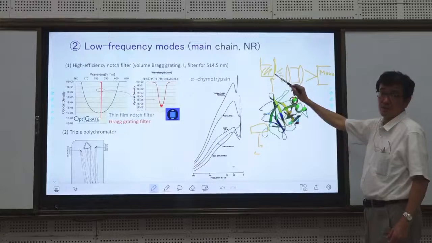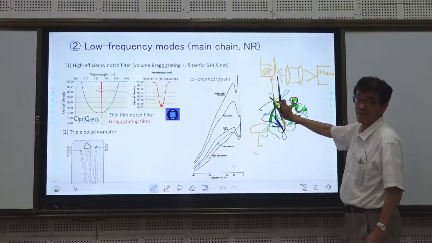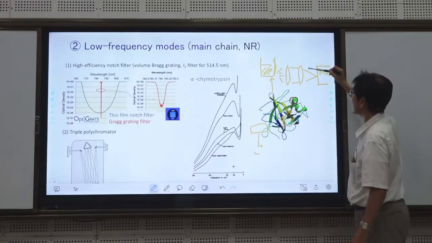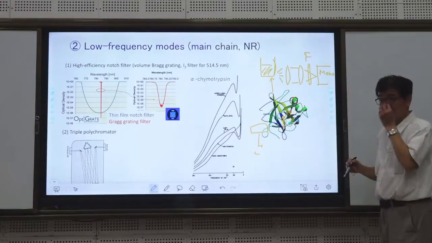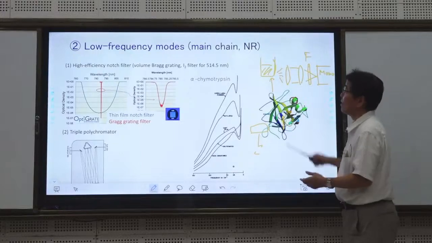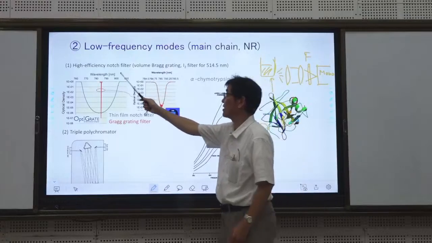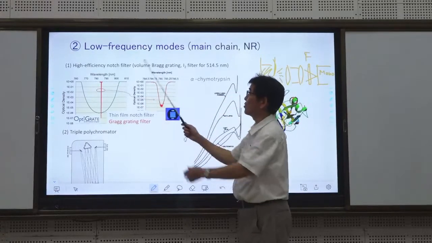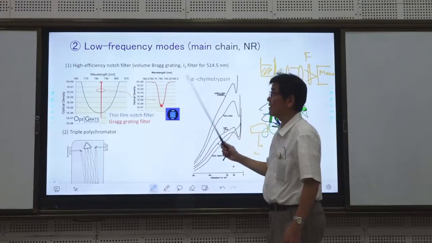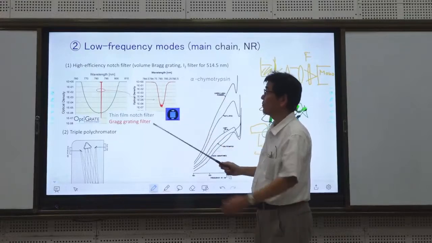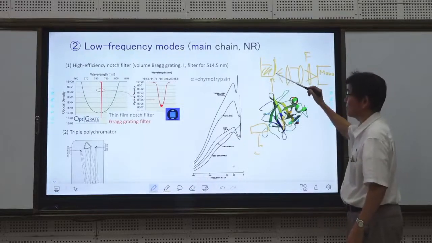If we do the experiment like this, then the excitation laser beam, or Rayleigh line, is the strongest. So we put some filter to cut the Rayleigh line. When we choose a special Rayleigh cut filter, a notch filter, such as a volume Bragg grating or an I2 filter or some other filters, then we can cut only the excitation beam.